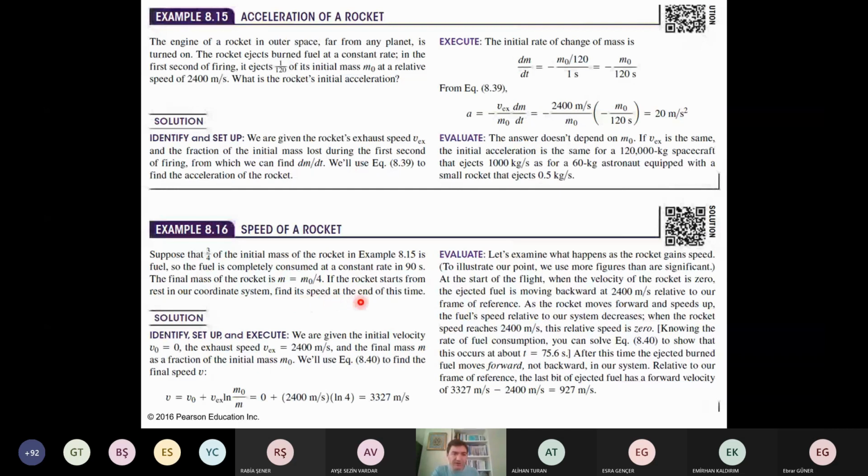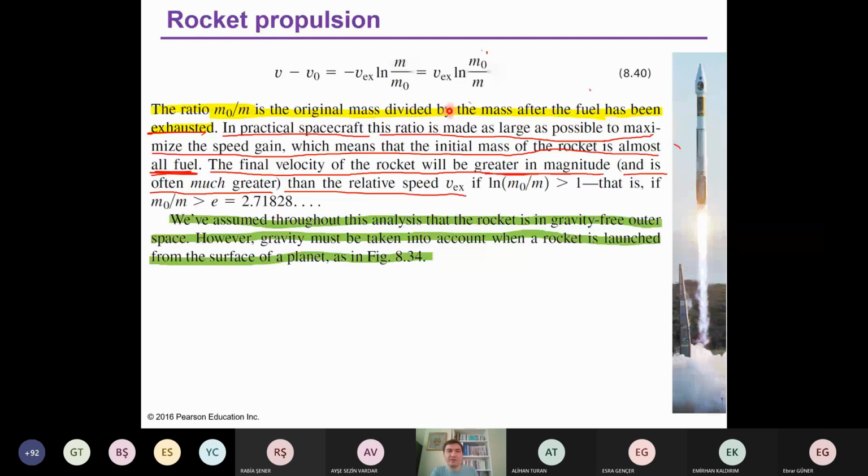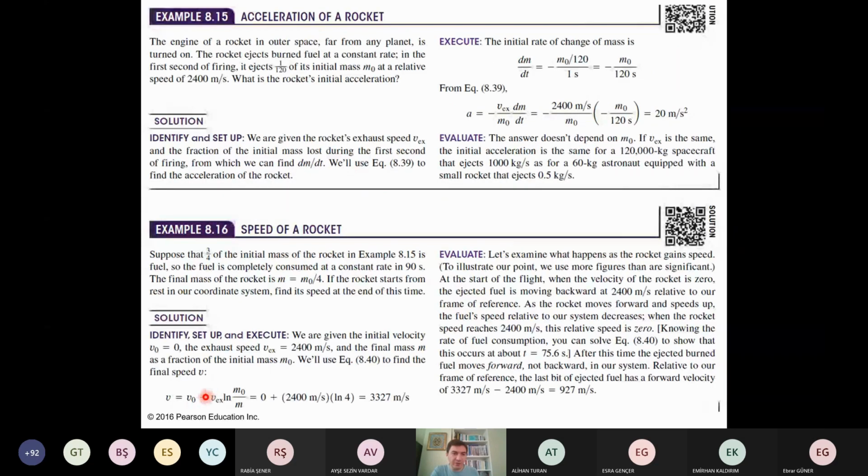So just apply this equation. Here we have found this relation between the velocity, the change in the mass, and the relative velocity of the exhausted fuel. Then you can use v equals v0 plus vx times ln of m0 over m. What is v0?